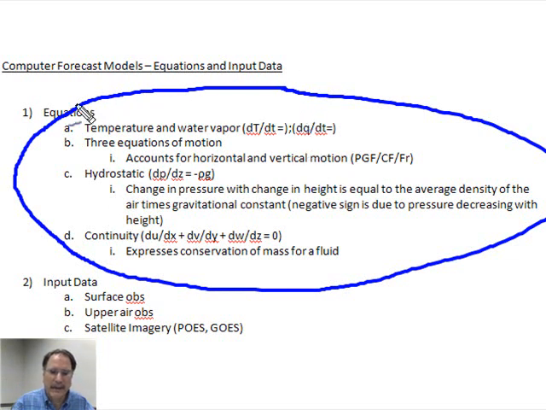So again, all of these equations are used. Input data such as surface observations and upper air observations are fed into these models. It's cranked through these equations, then output temperatures and moisture, for example, at different grid points in the future. And some of these models now go out to 15, 16 days.